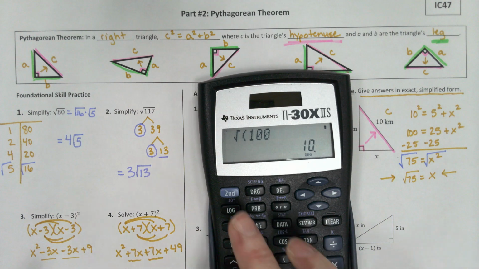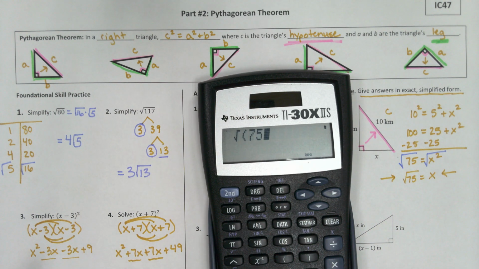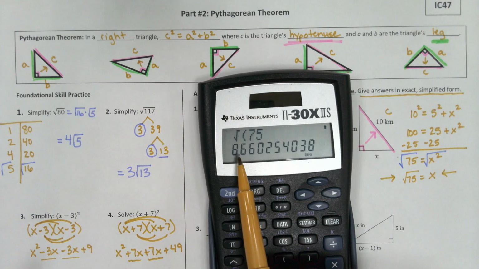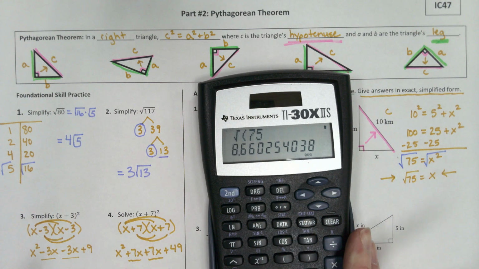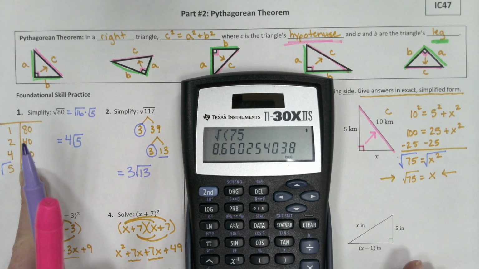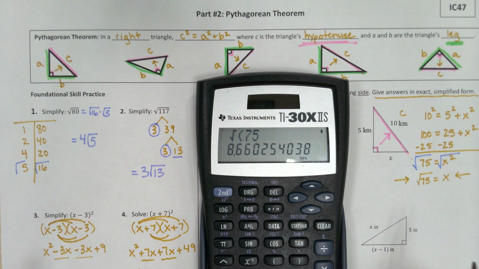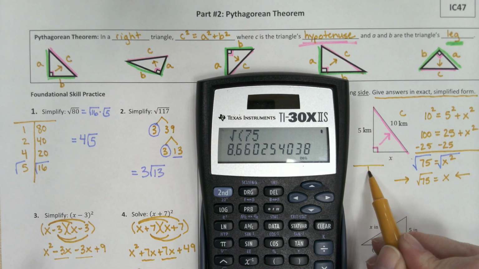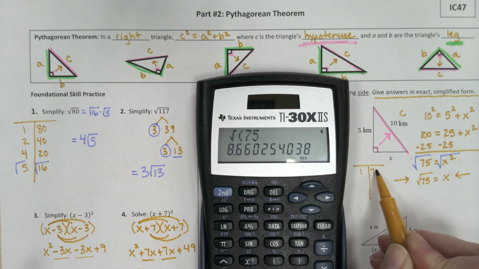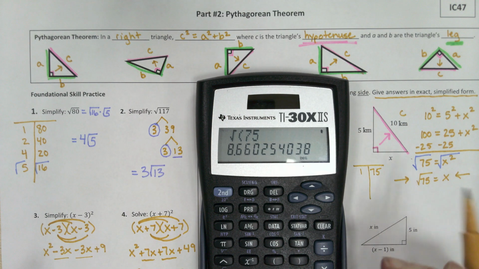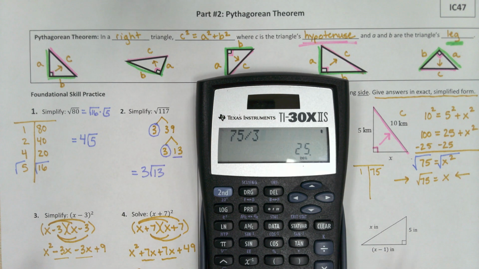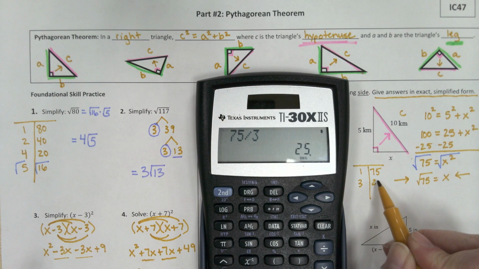Bring our calculator in, and the square root of 75 is not exact if we end up with a decimal like that. So that's where you're going to go with whatever method you prefer to try to simplify that root 75. If I use the table method, obviously 75 is not going to work. I can't divide 75 by 2, but I can divide it by 3.